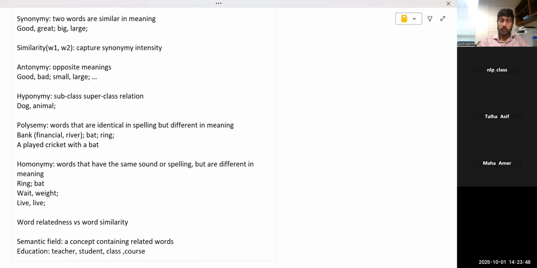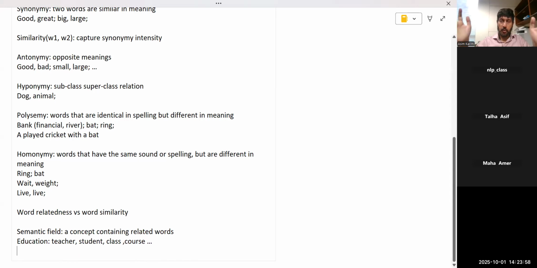Okay? And of course, these concepts or the semantic fields can be defined according to our needs. So it could be smaller or it could be broader.